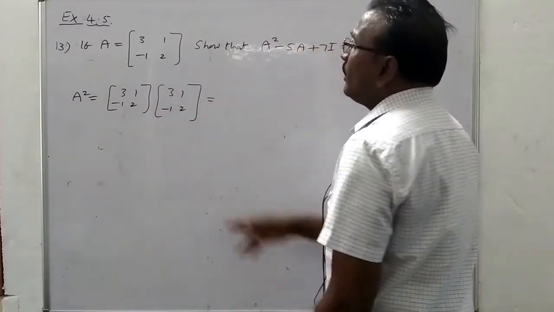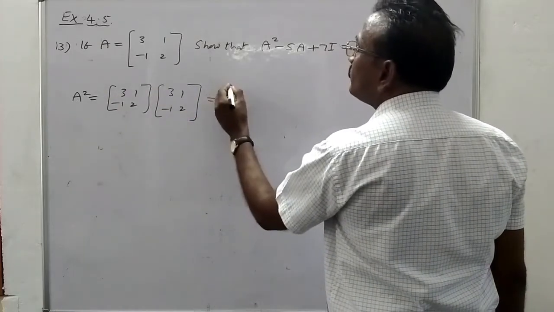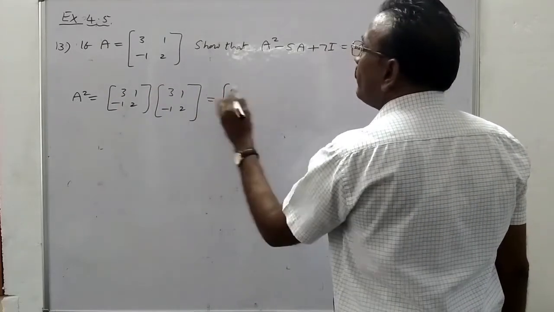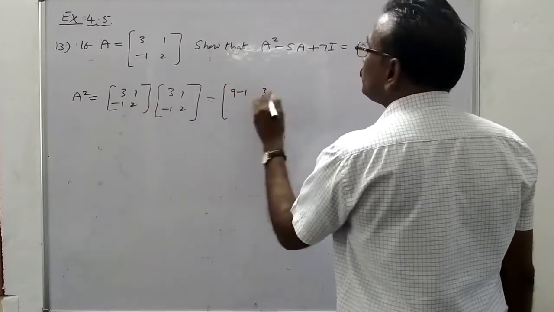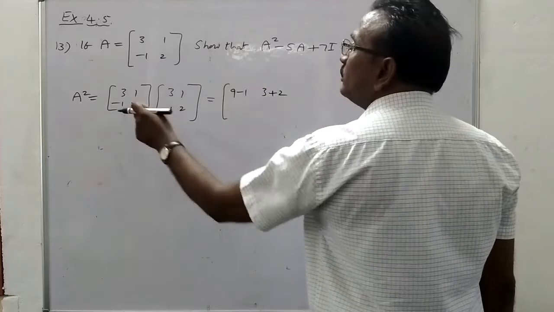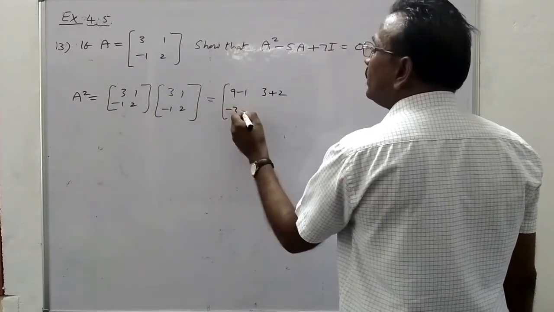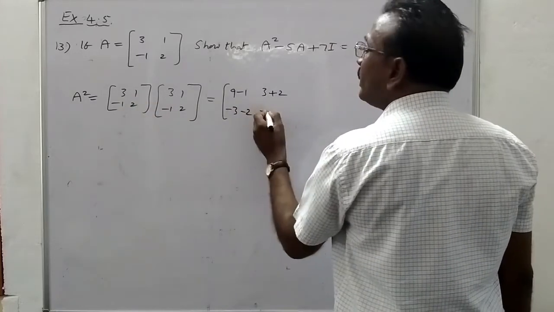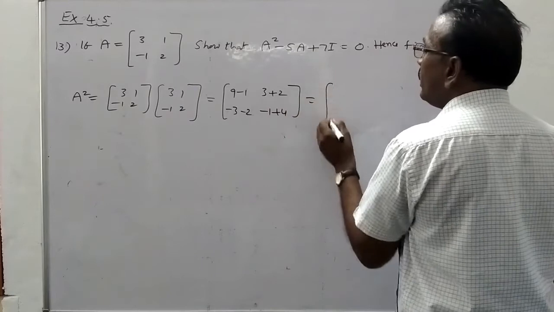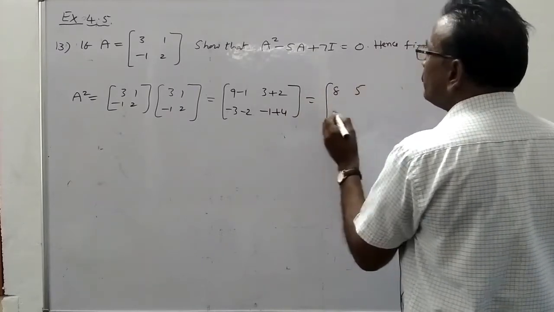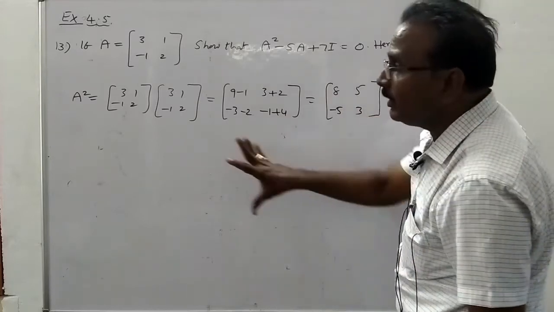Multiply first row with first column: 3 3s are 9, minus 1, 3 1s are 3 plus 2, 1 2s are 2. Next, second row with first column: minus 1 into 3 is minus 3, minus 2, minus 1 into 1 is minus 1, plus 4. That is [8 5; minus 5 3]. So this is the A square value.